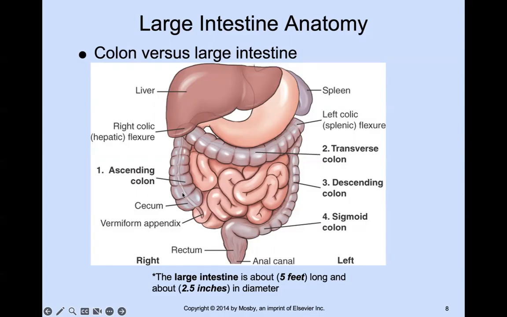Now, if you notice also, you can see that the ascending and the descending colon are more posterior, and the transverse colon comes forward, more anterior. So the ascending and the descending colon are closer to the spine, and the transverse colon folds anteriorly closer to the surface of the abdomen.